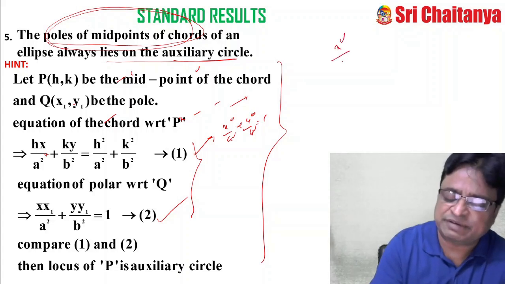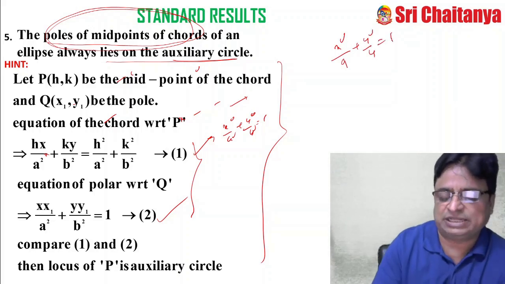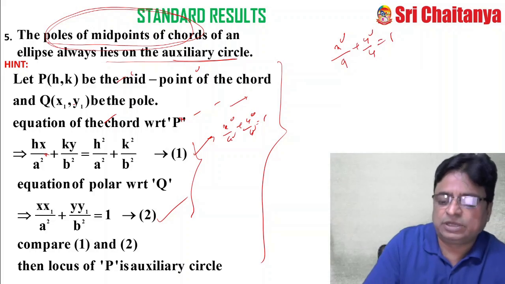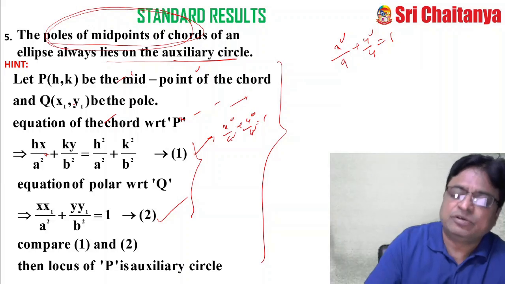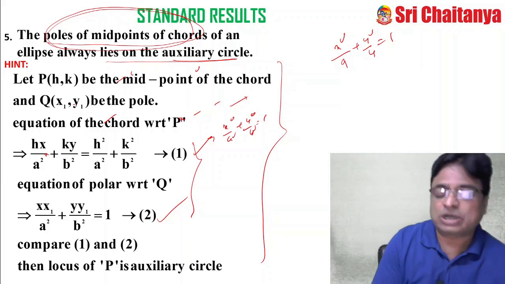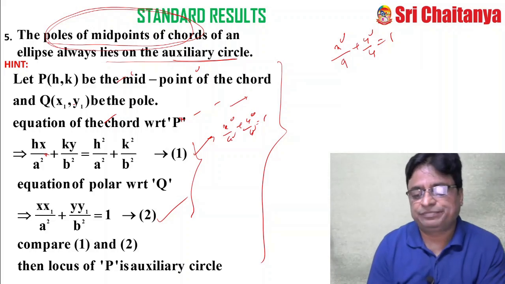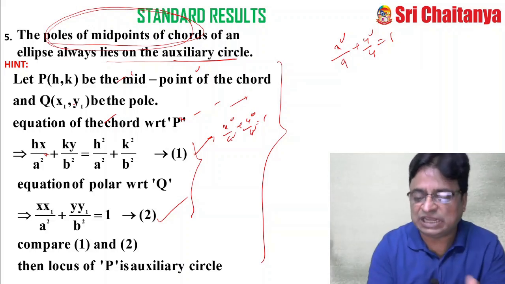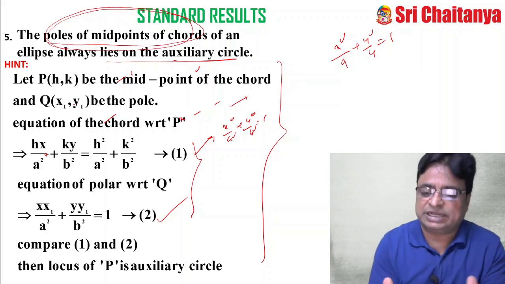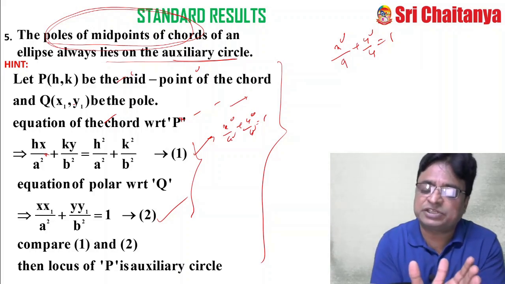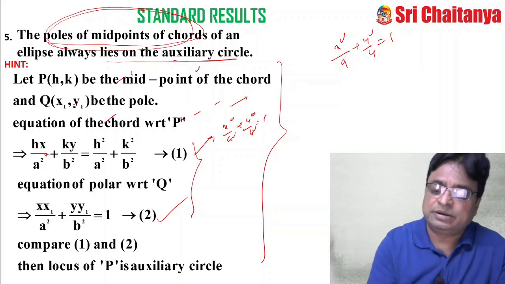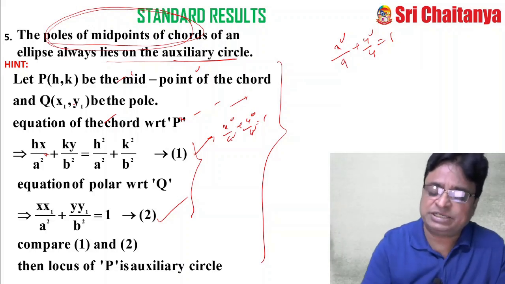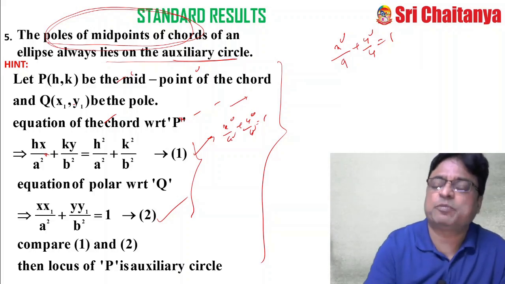Suppose the ellipse is given, x square by 9 plus y square by 4 equal to 1. If I ask the question like this: find the locus of the point where the tangents drawn at the extremities of a chord passing through the ellipse intersect, where the chord is with respect to a midpoint, then the locus of the point is dash.